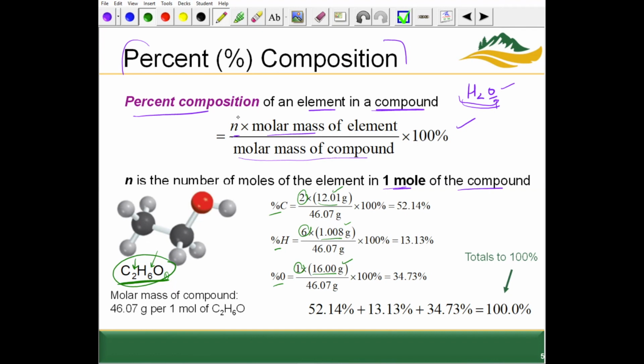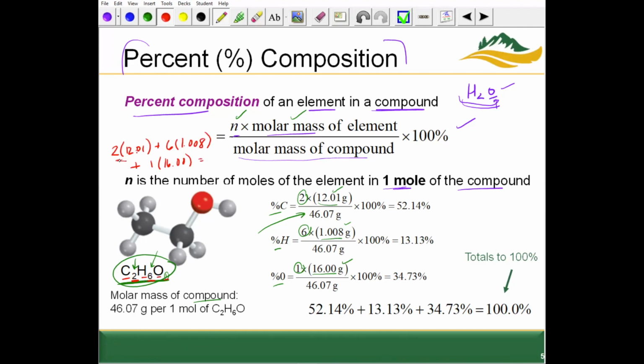So far we've looked at the numerator here, so n, and then the molar mass of the specific element. Then what we need in the denominator here is the molar mass of the whole compound. For the molar mass of the whole compound, we need to multiply 2 times the mass of carbon, then add that to 6 times the mass of hydrogen, then add that to 1 times the mass of oxygen.